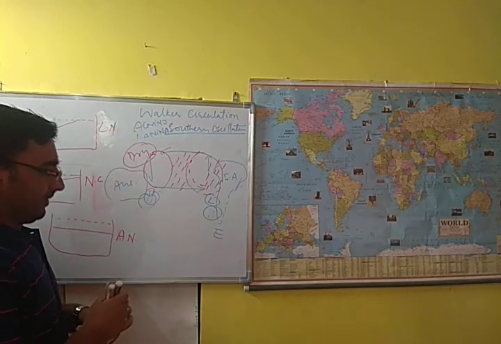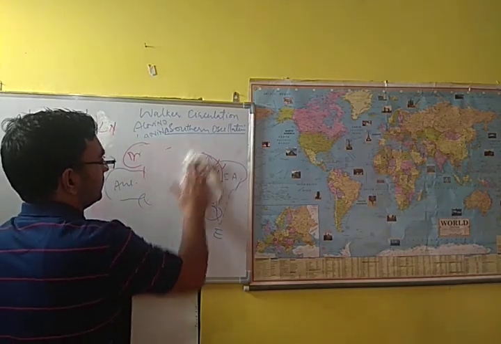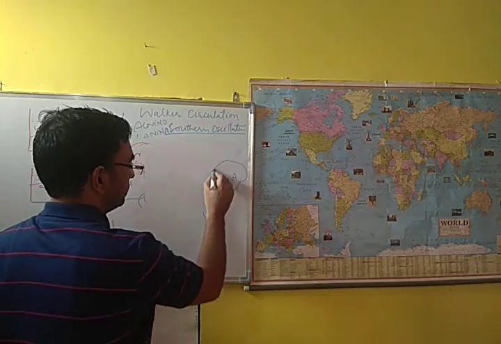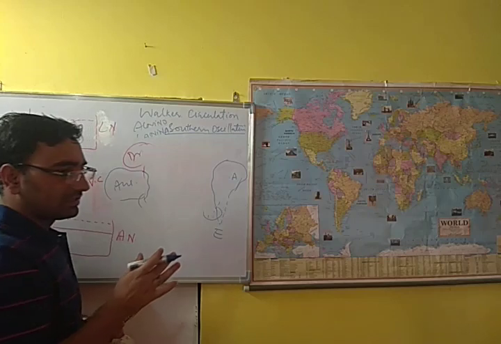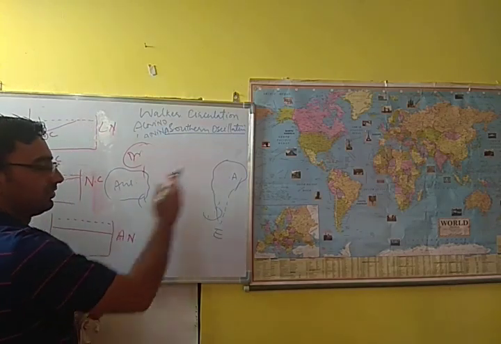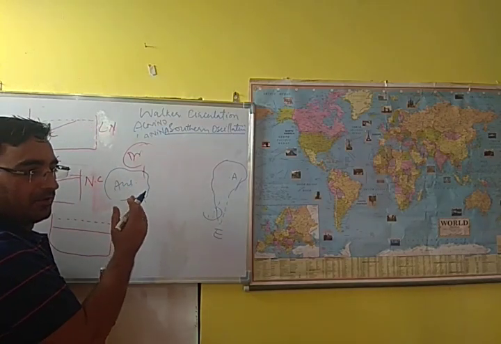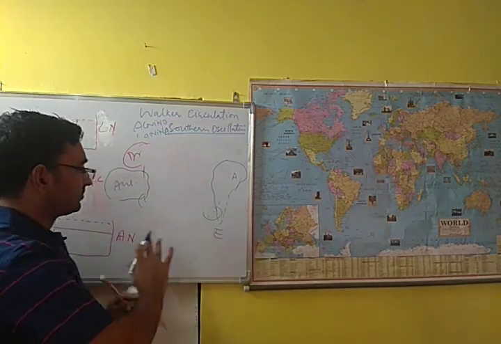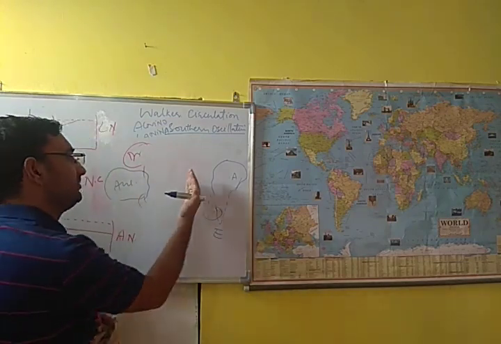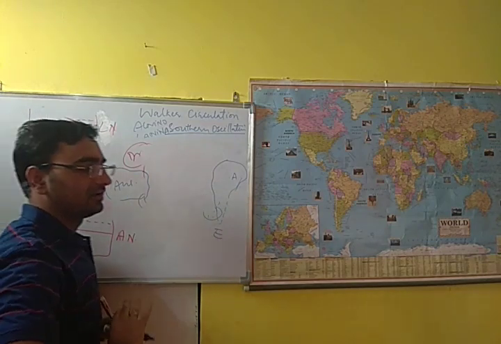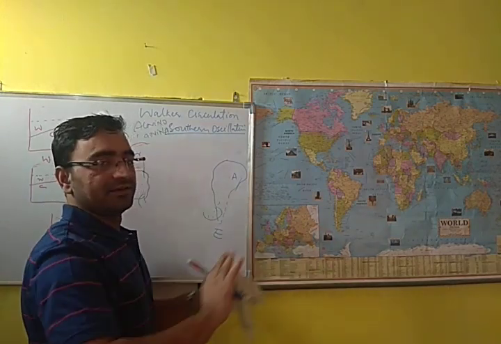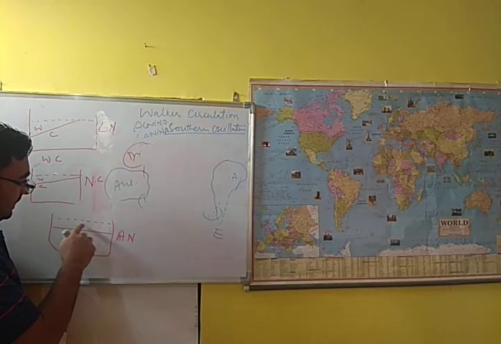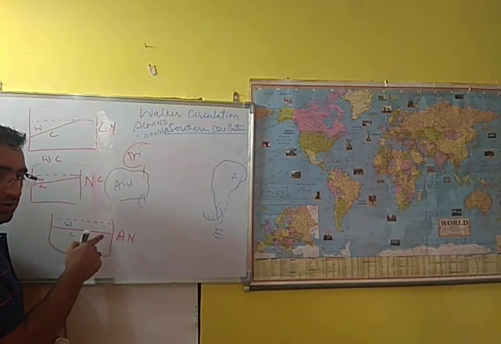During this El Nino phenomenon, the water which was being pushed towards the western Pacific will now dissipate. It will spread out. So this warm water which was initially being pushed towards this side will now be dissipated within the ocean. So we will get the warm and cold water interface like this. This is the warm water, this is the cold water.